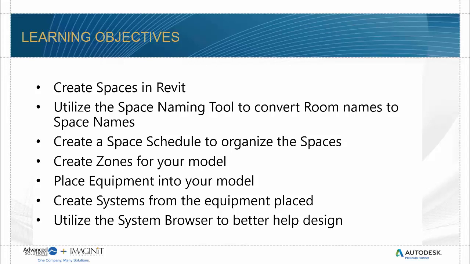So then getting more information into our model that we can use for our design work. Once we have that in place, we'll be able to go back, utilize our system browser to better help our design out and to look at fixing it and maintaining our design as we move forward.